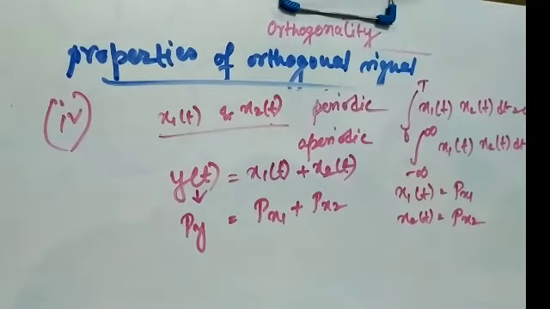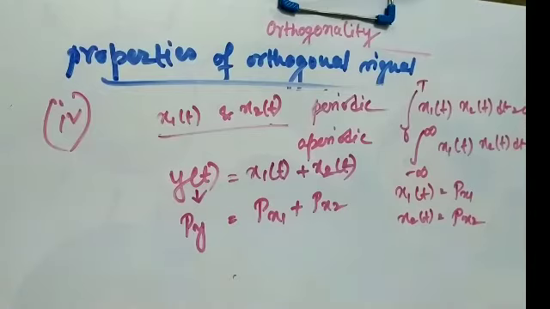Now for an aperiodic signal, the power will be 0, so we cannot find the power. So here we find the energy. The condition is the same for aperiodic signals also, but in this case we have to find the energy.